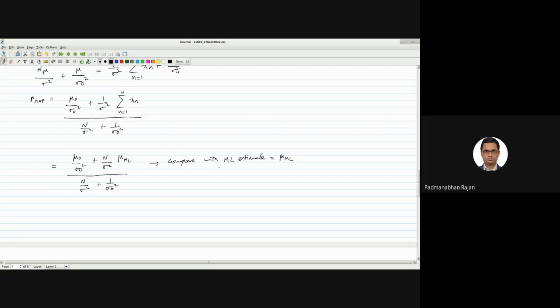Okay, is this clear? So rather than the simple ML, there are some additional terms which make use of the hyperparameters, mu naught and sigma naught.